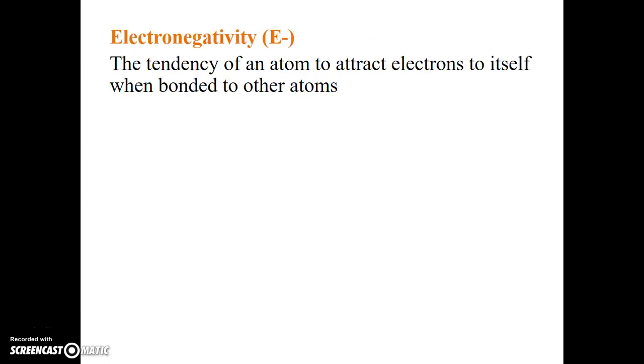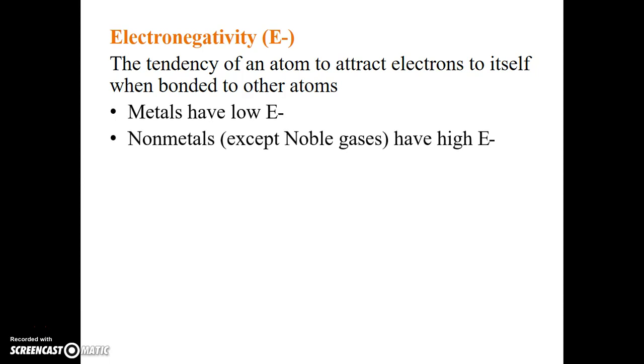So this property of electronegativity, which I was describing earlier, has to do with how well an atom attracts electrons to itself when it bonds with other atoms. Metals tend to have low electronegativity because they don't want additional electrons. In fact, they prefer to lose valence electrons.